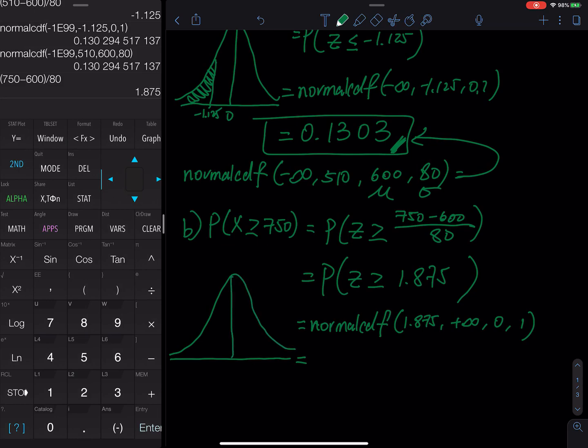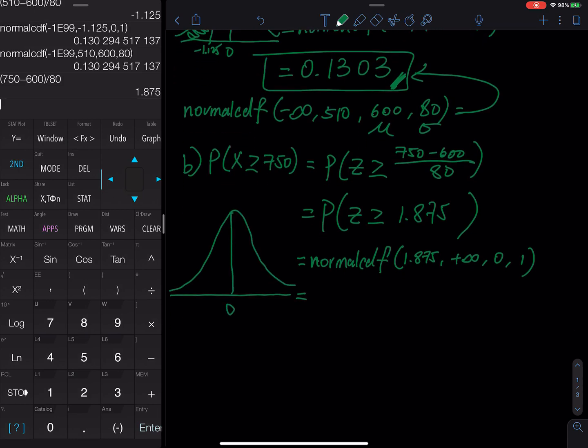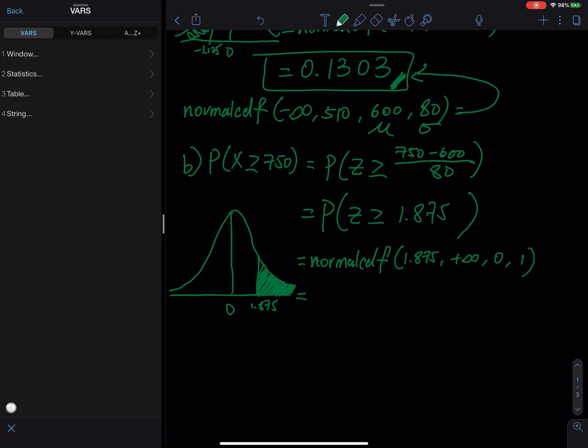The mean is equal to 0. Z is 1.875. All right, and then what do you do? You do this in your calculator, right? So you go to second vars. No, that is not right. So let's go back. Okay.